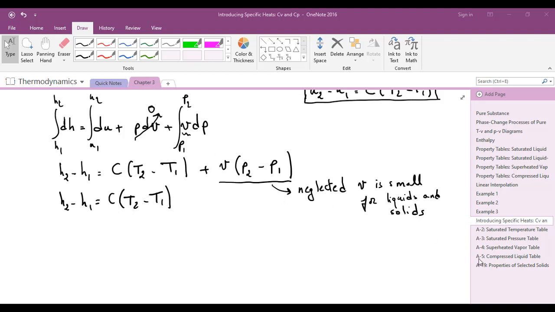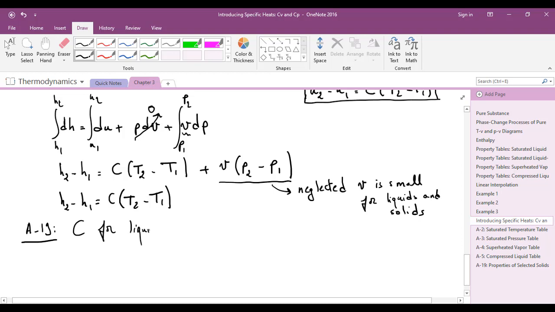You can use table A19, as in the attached thermodynamic tables PDF, to extract values of specific heat for some selected liquids and solids.